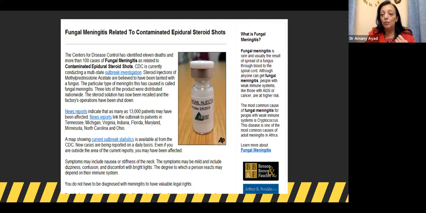During this, there was an outbreak of meningitis, encephalitis, and some of those patients had cases like cerebral strokes. It was recorded at that time in 2012 at around 700 contaminated cases. Over time, they reached very high numbers. Some of them were asymptomatic, some had symptoms and signs, and there were around 64 mortalities. So it was one line of preparation of a drug that ended up with this catastrophe.